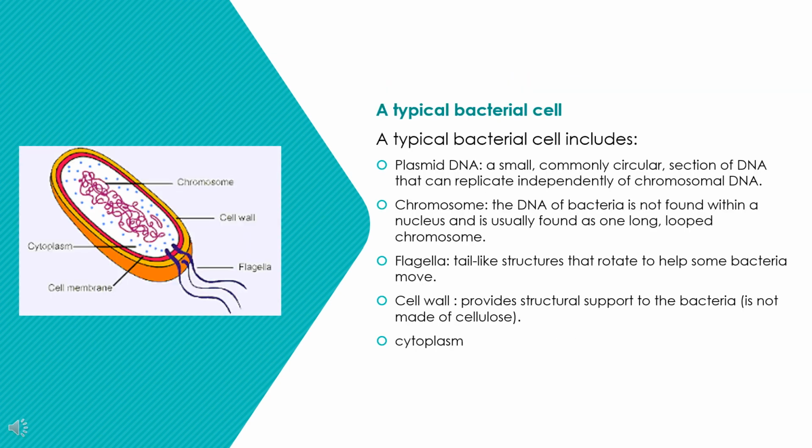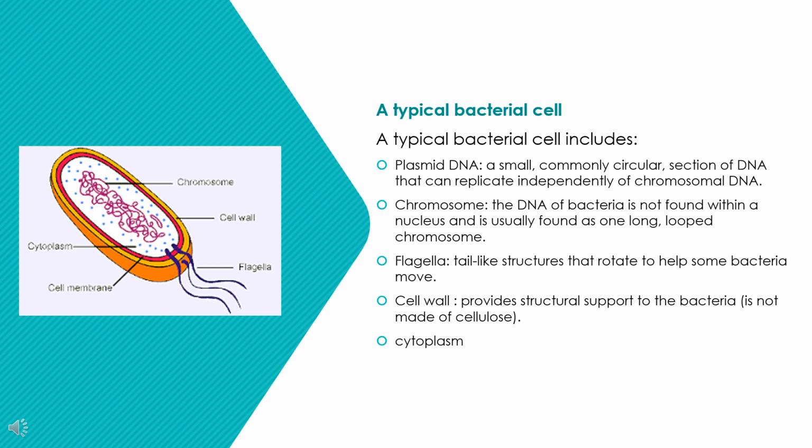Now that we have looked at the shapes of a bacterial cell, here are the cell structures of bacterial cells and the roles of them. And on the side, I have a little diagram of a bacterial cell with the most important structures.